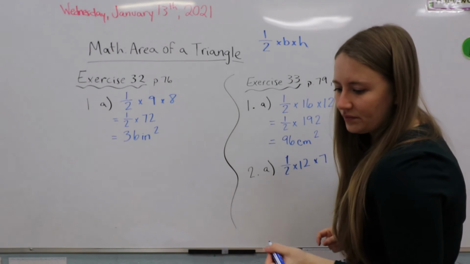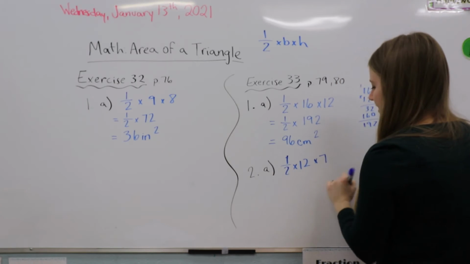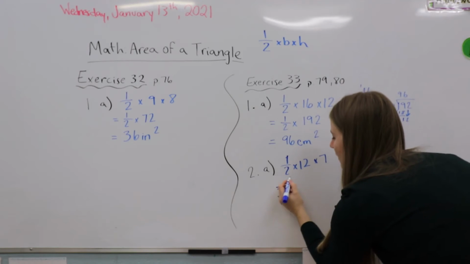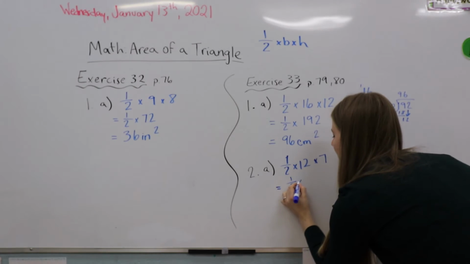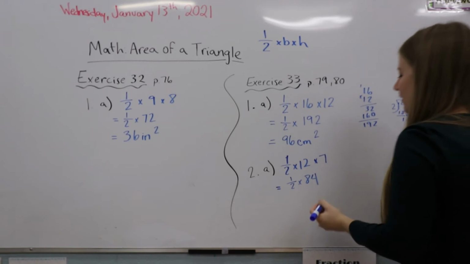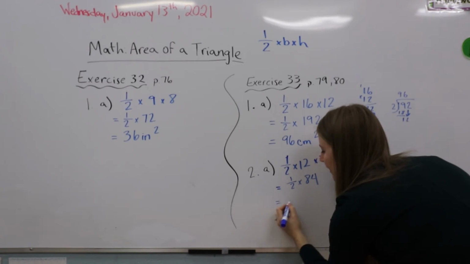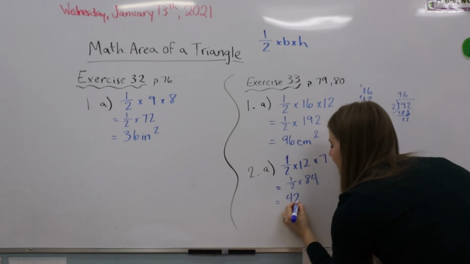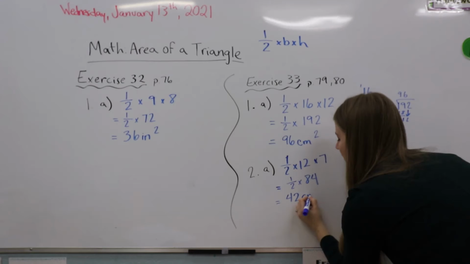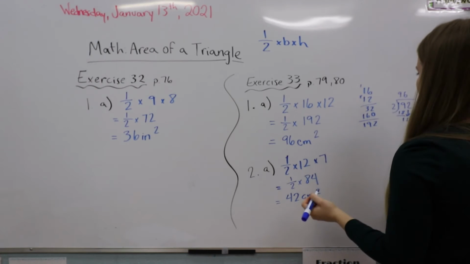So 12 times 7, which means it's half of 84, which is 42. Our units are centimeters squared.